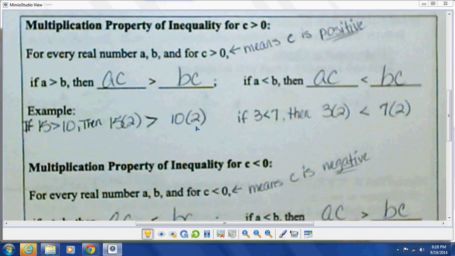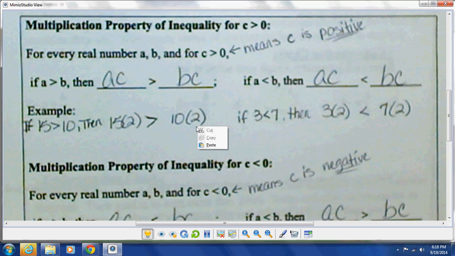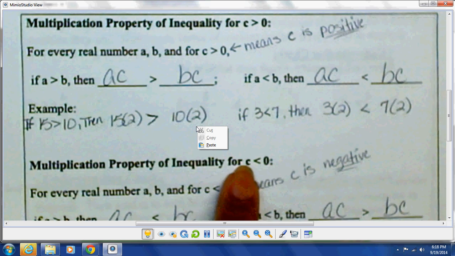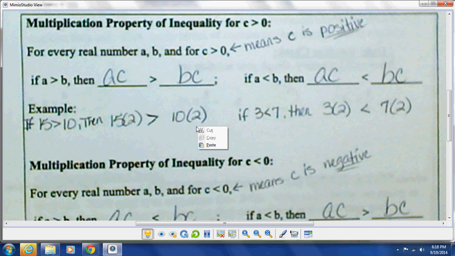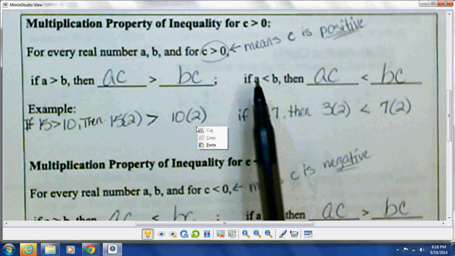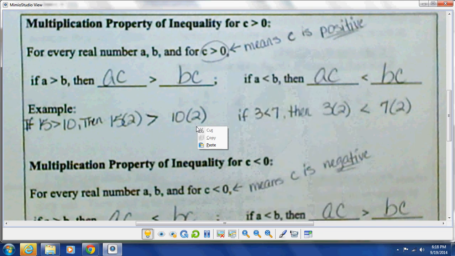Now let's go ahead and talk about our multiplication property of inequality. We have a property for c is greater than 0. We also have a property for c is less than 0. So let's start up here. If it says that c is greater than 0, that means that c is positive, because greater than 0 has to be 1, 2, 3, 4, and so on.